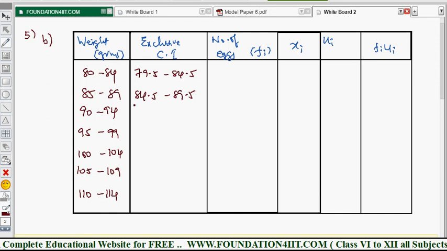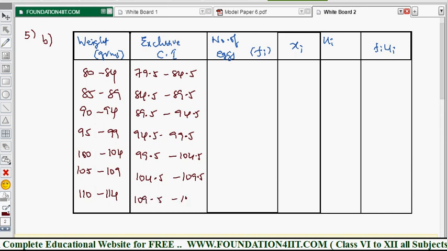It's 90 now, 0.5 decrease, then 89.5 to 94.5, and 94.5 to 99.5. We do this for all, up to 104.5 to 109.5, and 109.5 to 114.5. This is the exclusive case.